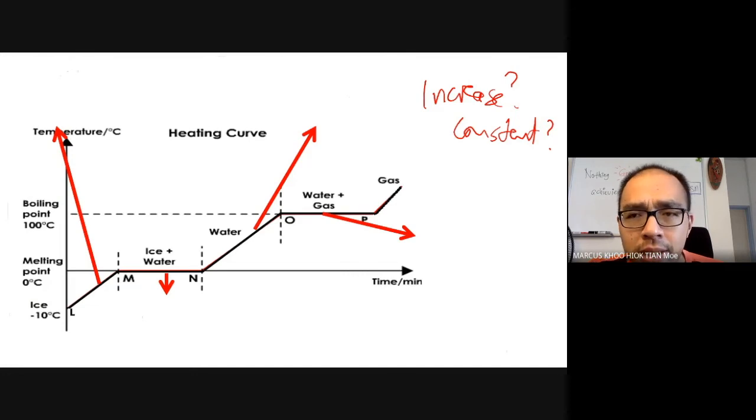The graph will actually tell you. When does the temperature increase? When does the temperature become constant? Yes, I know it increases, but when? LM increase, MN constant.